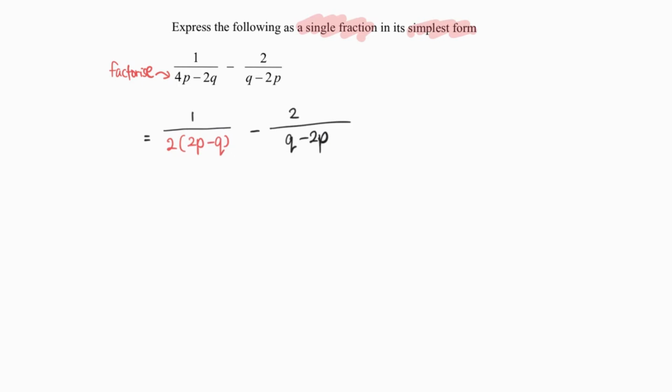And it is at this point that it is important for us to remember that 2p minus q is equal to the negative of q minus 2p. We could do that. And therefore, you would see me writing this down.